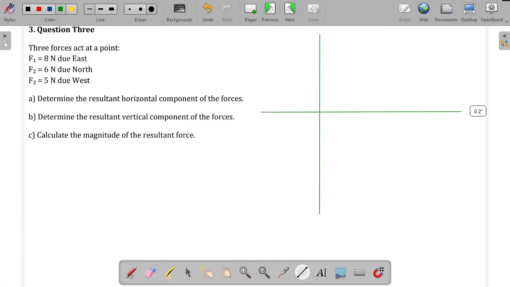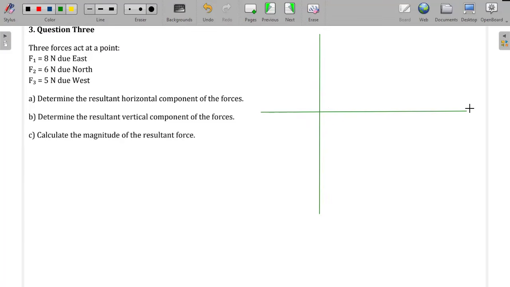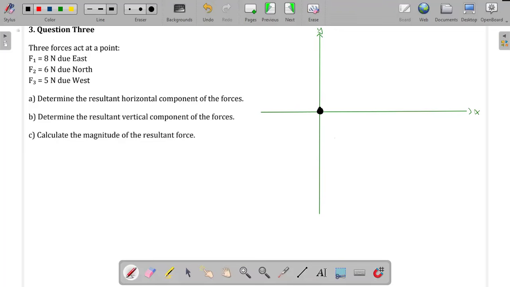Let's say this is my x-axis at 0, 0, like this. You're going to notice that this is my x and this is my y. So if they've told me there is a point, I'm going to put this point here as a point of reference, in the middle, so that we see our vectors clearly.